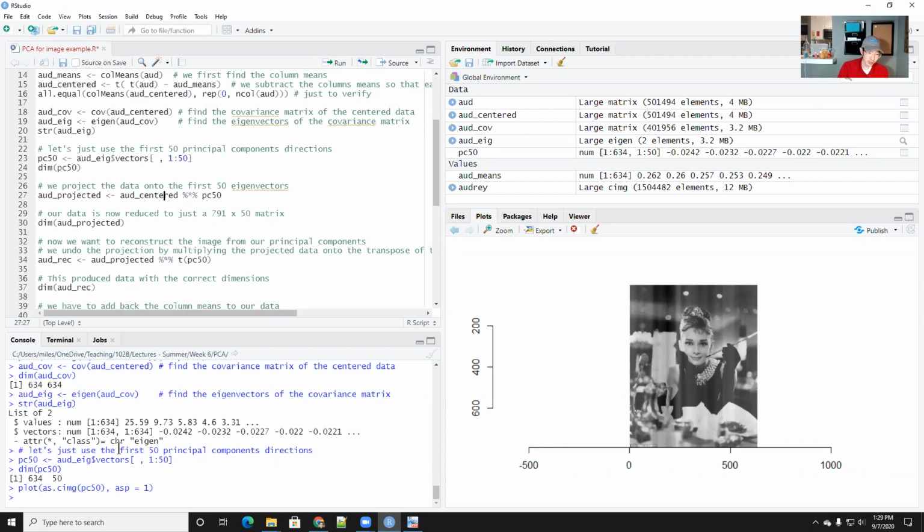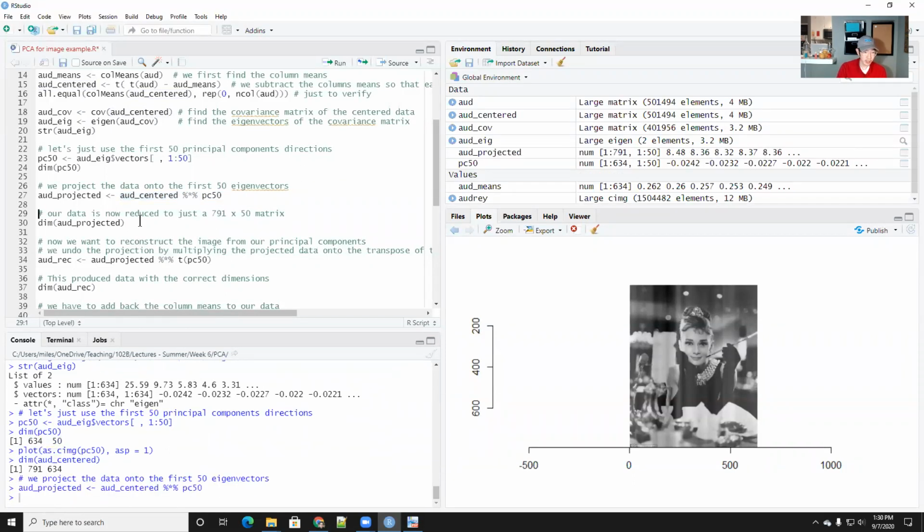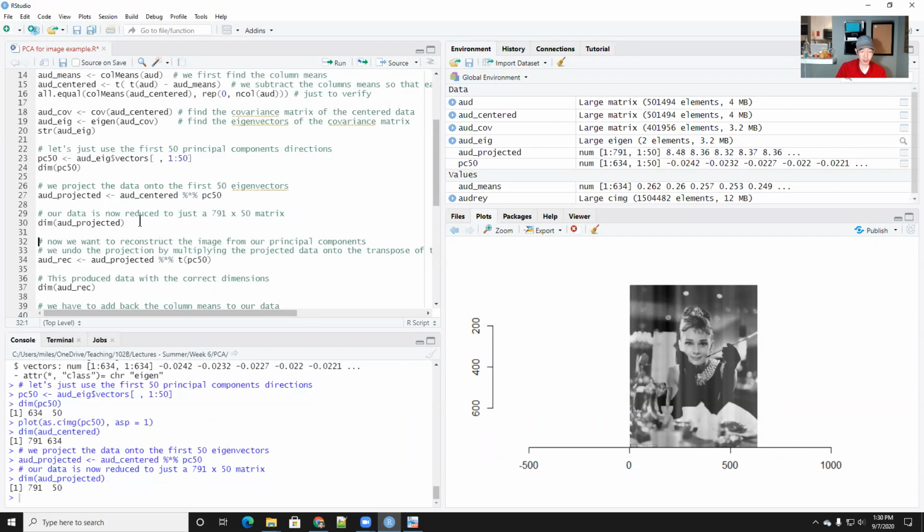So if we look at the dimensions of this matrix, this is 791 by 634. If I multiply it by the principal components, which is 634 by 50, just the 50 that I've kept, the projected data is now 791 by 50, okay? Again, less than 1/10 of the original image, right?